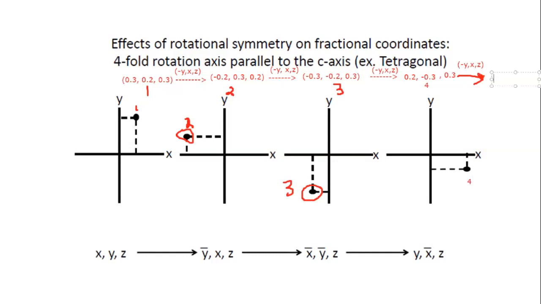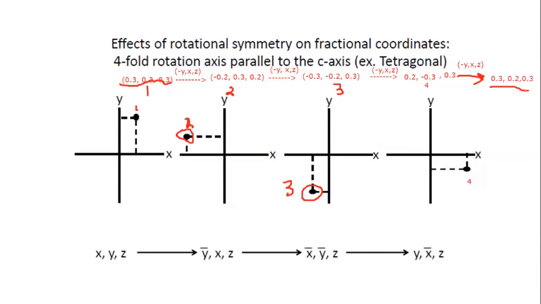So when we do that, we get 0.3, 0.2, 0.3. And notice that that's the same as the original set of coordinates that we started with. So this is the same as our initial. So we made a full 360 degrees.